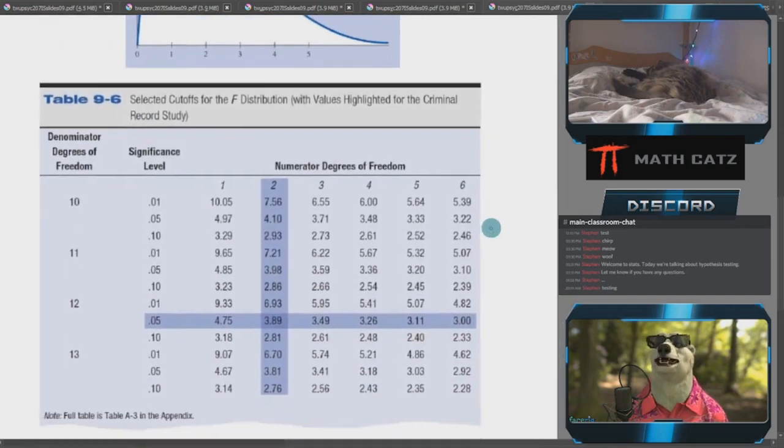Here's an example of the table where both the numerator and the denominator have degrees of freedom that I need to be aware of, and then within each I have the 3 common significance levels. This table actually has a lot of dimensions, so they're just giving me the numbers that are used most of the time. So let's see what we get.